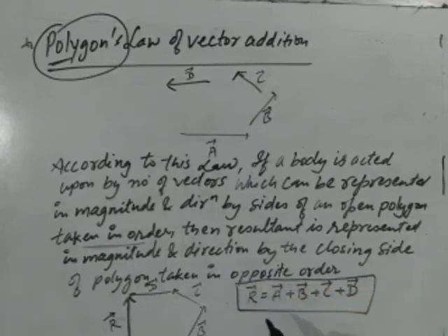So the resultant is the sum of all the individual vectors acting on that body taken in order. The sides may vary. They may vary from 4 to 6, 5, 7, any number of sides can be there. But the closing side will represent the resultant, which is taken in the opposite order.